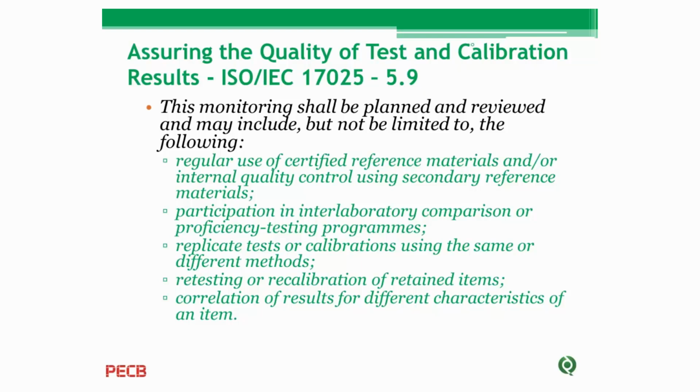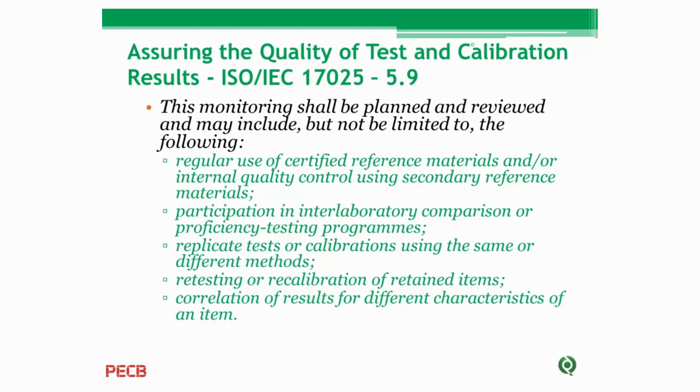We talked about it. Replicate testing is another important and the easiest thing to do in a lab, because when you repeat a test, you can easily monitor the precision of your methods. How close together are the results? And we can monitor the precision, as I mentioned. And retesting or recalibration of retained items, as you can see in this slide, is another thing.